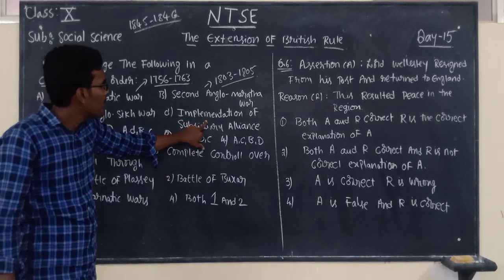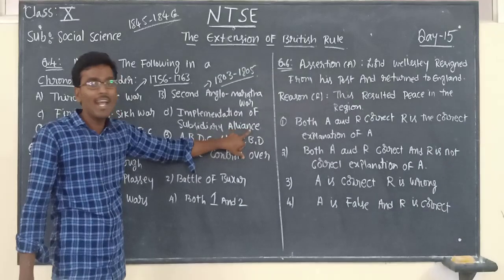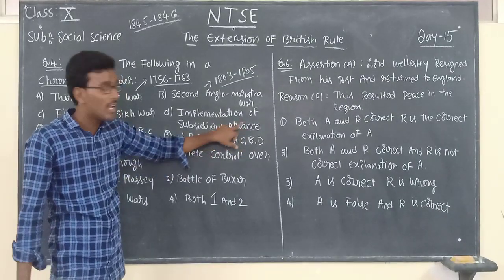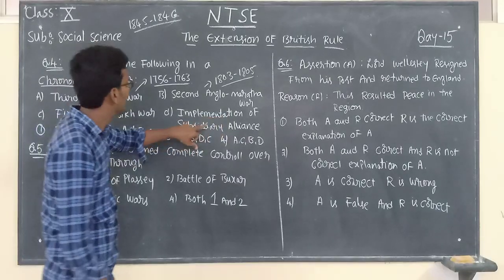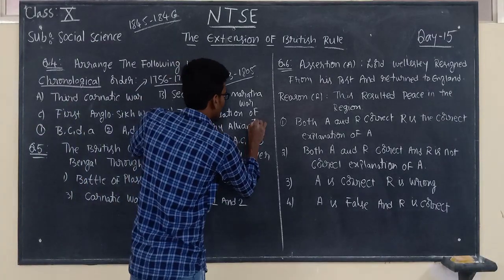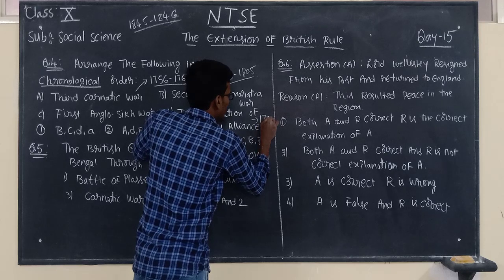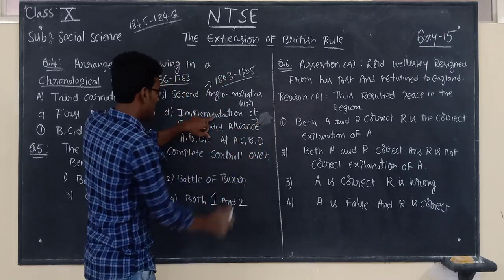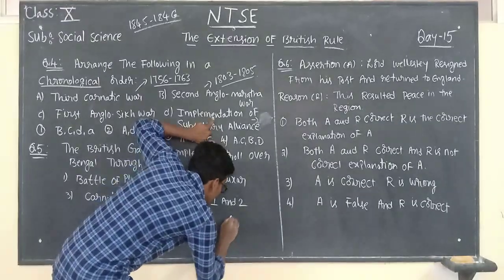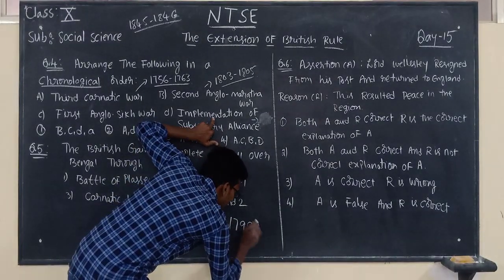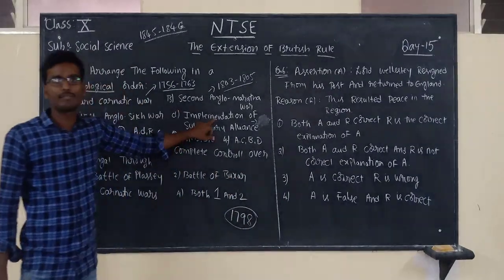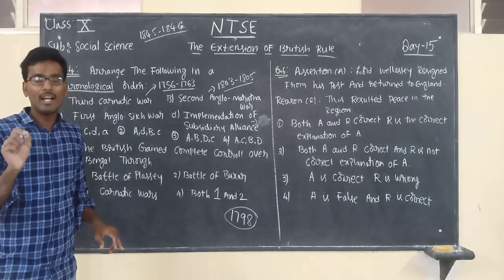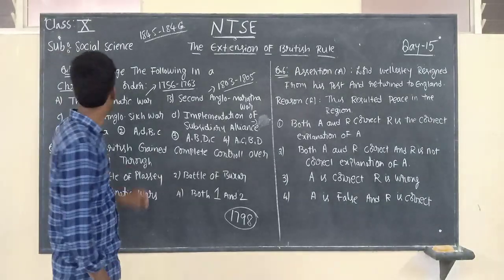And implementation of the subsidiary alliance, that is in the year 1798. So here I will write implementation of subsidiary alliance, 1798. Once again I will recall the years, children. Listen carefully.